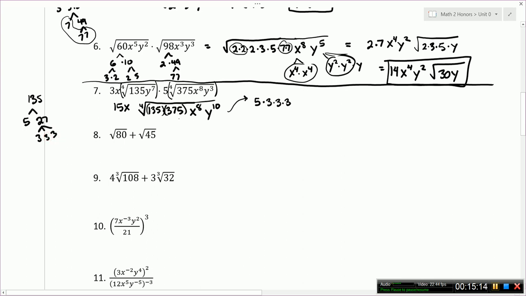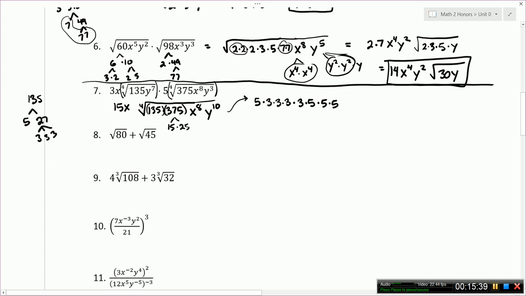And 375, because it ends in 75, you know it's a multiple of 25. In fact, it's going to be 15 times 25. And 15 is 3 times 5. And 25 is 5 times 5.